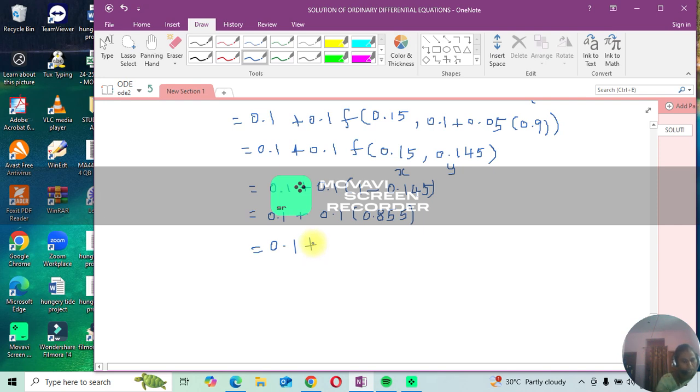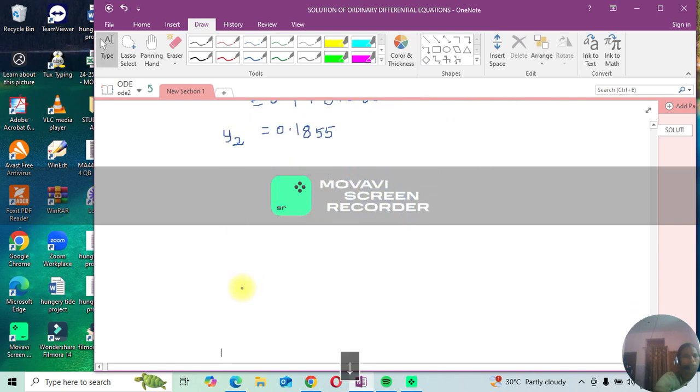So we get 0.0855. Now we add this with 0.1. So that is 0.1855. So at last we got the y2 value. So y2 is nothing but y of 0.2. Okay. So now we are going to find out y of 0.3.